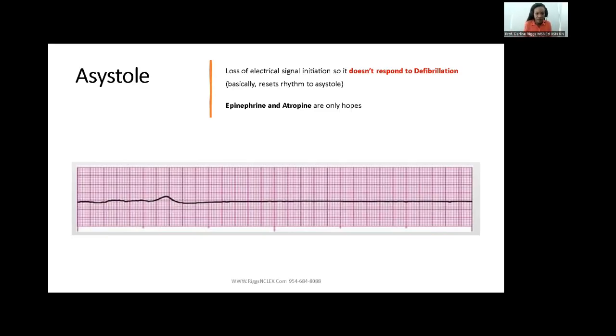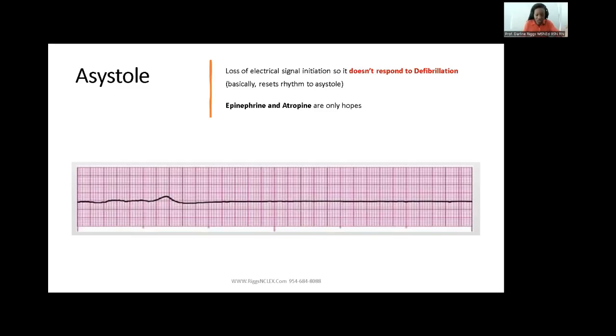Now, test questions. This rhythm, or it's not really a rhythm, but for lack of a better word, the asystole will not respond to defibrillation. Remember, we defibrillate when there is an abnormal rhythm. So it's going to shock and jump start that abnormal rhythm.